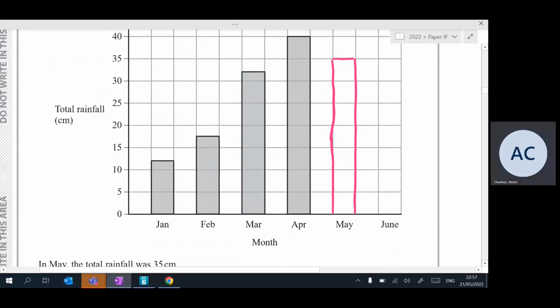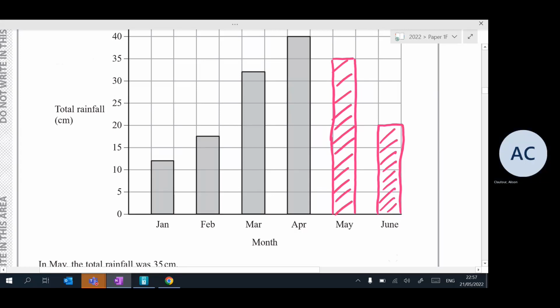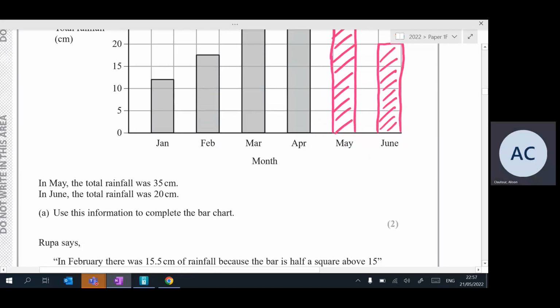And then 20 centimetres for June. So up to 35 and up to 20. So that's our bar chart complete.